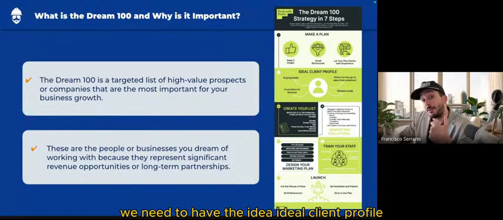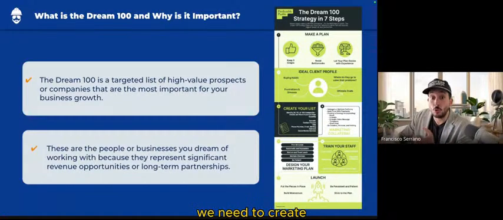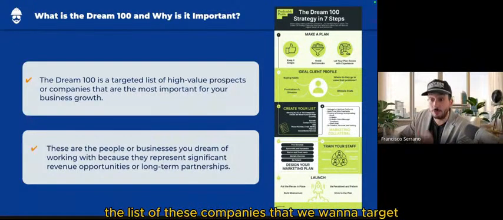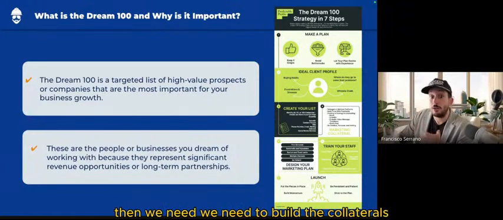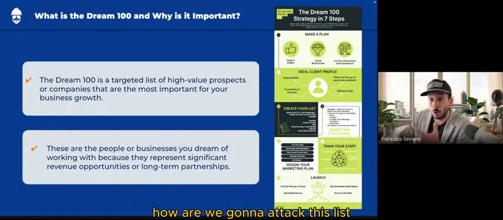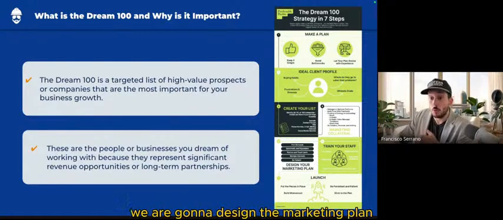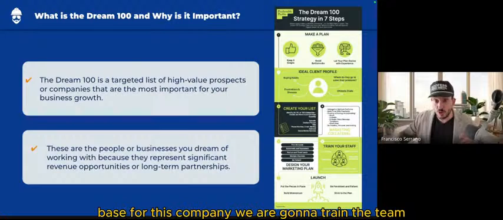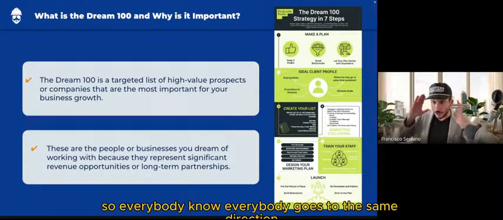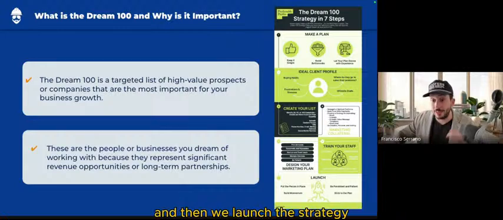We need to have the ideal client profile. We need to create the list of companies that we want to target. Then we need to build the collaterals. How are we going to target this list? We are going to design the marketing plan for these companies. We are going to train the team so everybody goes in the same direction, and then we launch the strategy.